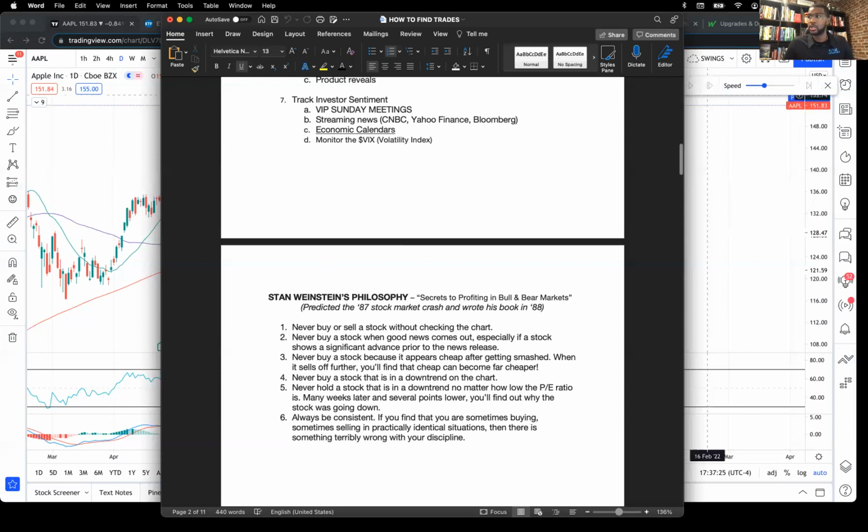All right. So then you also want to look at the economic calendars. This is something that we go over every single Sunday. The economic calendars are going to help you see what's coming up the week ahead. Sometimes we'll have speeches from the Federal Reserve Chairman. Sometimes we'll have releases on CPI data, Consumer Price Index, which is basically inflation.